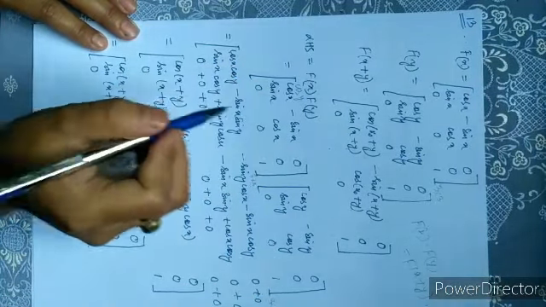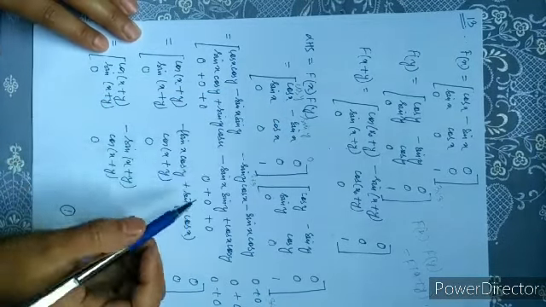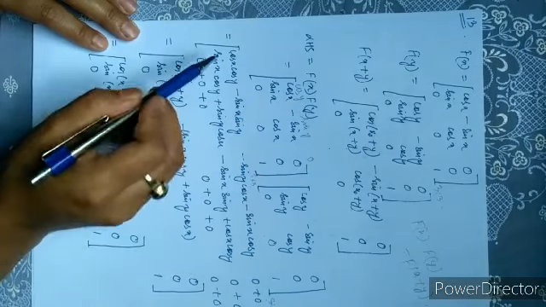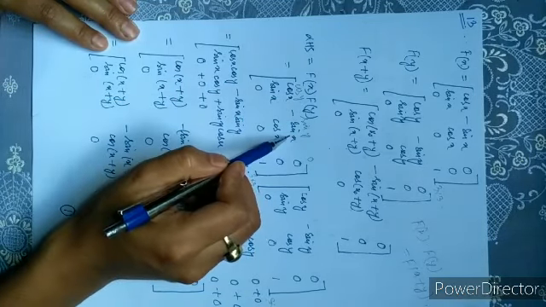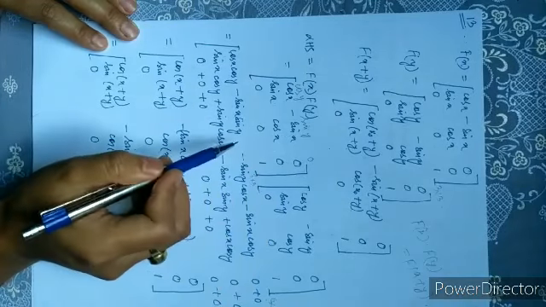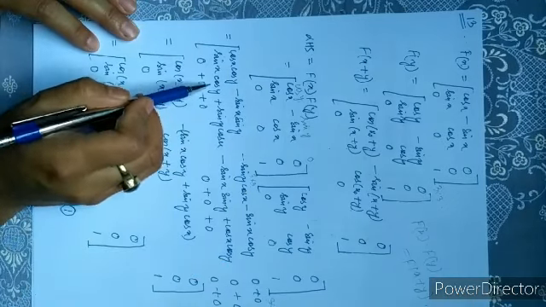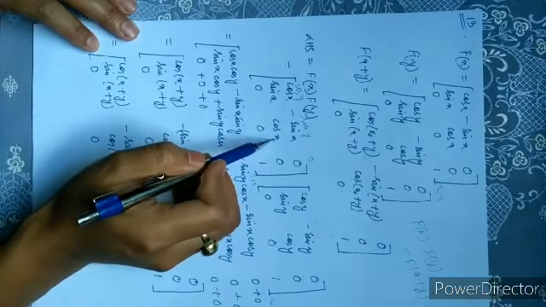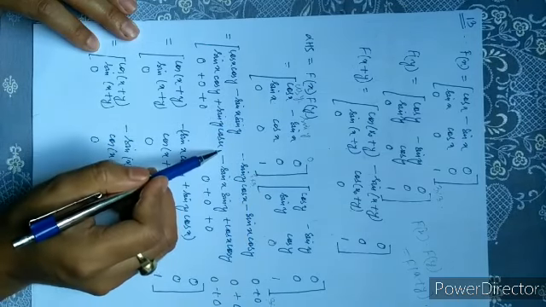The first column multiplies with cos y, sin y and 0. Cos y into cos x, and sin y, cos y into minus sin x into sin y. 0 into 0 is equal to 0. Sin x multiplied by cos y plus cos x into sin y. 0 into 0 is equal to 0.